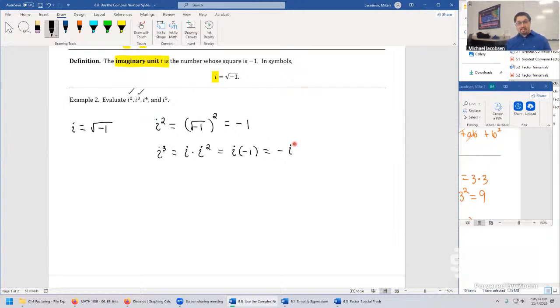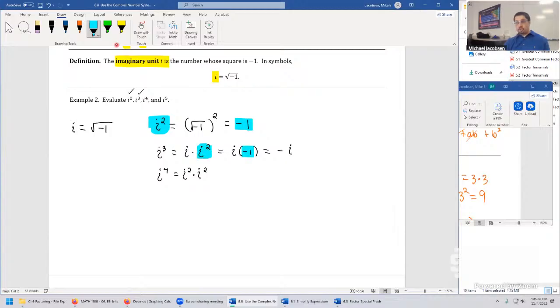This is a kind of game that can go on forever, and what's amazing about it is these values start to repeat. This is a cyclical process. Let's look into i power 4. Well, i power 4 can be factored down into i squared times i squared. We know what i squared is each time it occurs. i squared is -1.